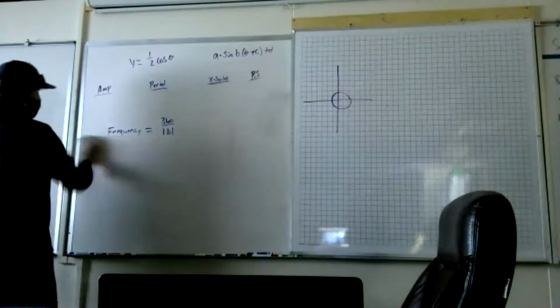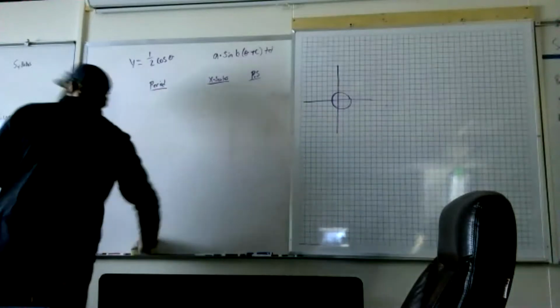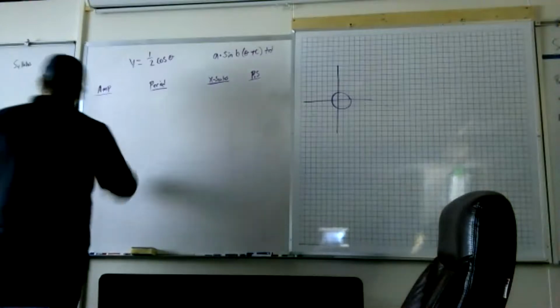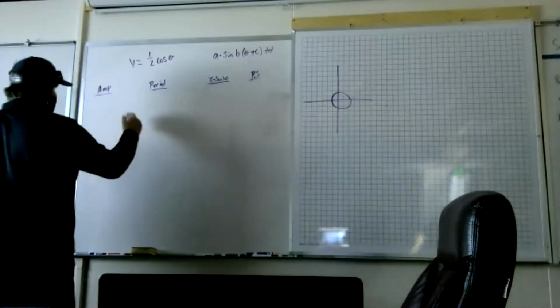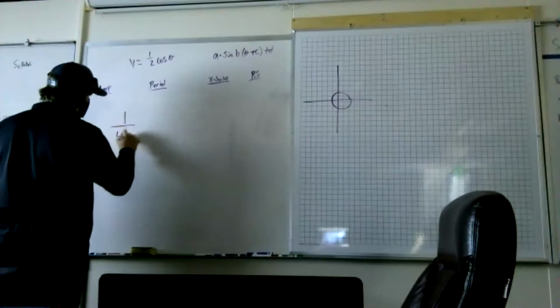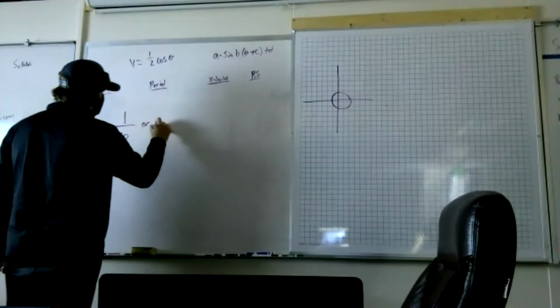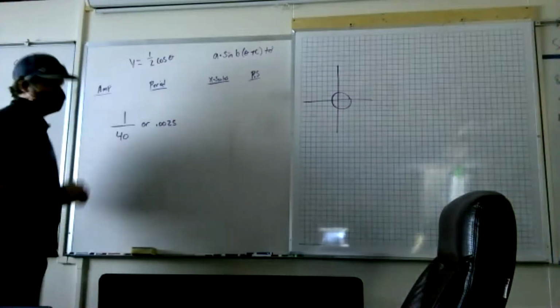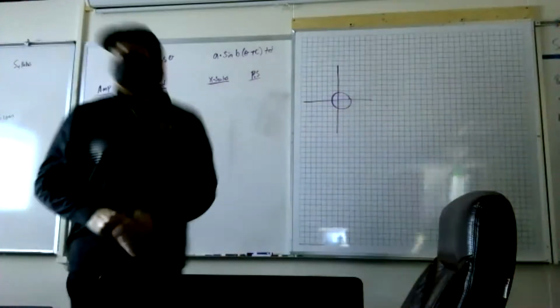Okay, so what this is telling you is because it's hertz, it says 1 cycle per second. So if we were to switch this and get it to its actual frequency, it would be 1 over 40 or 0.0025. Frequency is cycles per second.